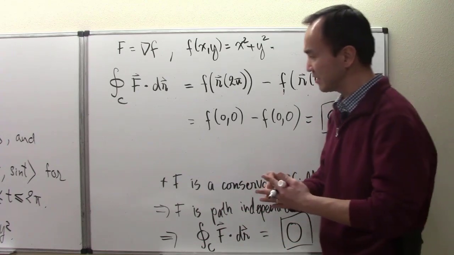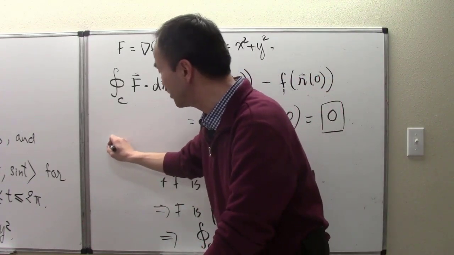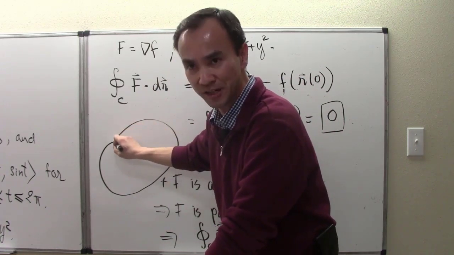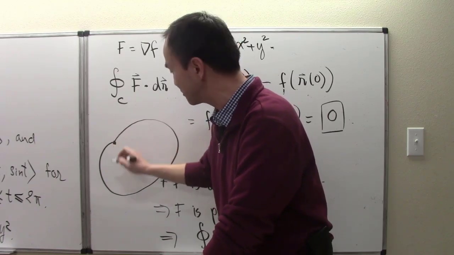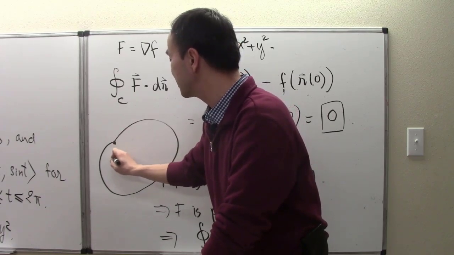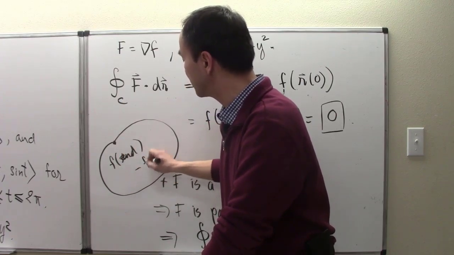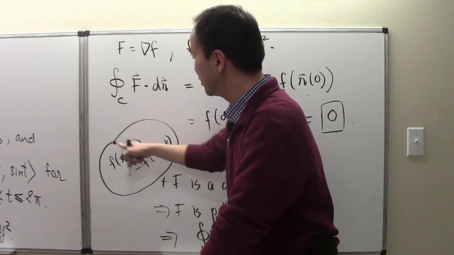So why is that? Because of just the nature of any closed curve. We start the curve here, we go around no matter how big, how far we go, but we end up with the exact same point. And so starting point and ending point are the exact same spot. And so all we do is take the potential function value at that end point, subtract the potential function at that start point right there, and then we come up with the whole value.